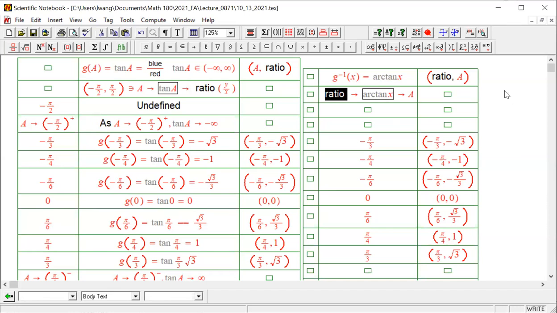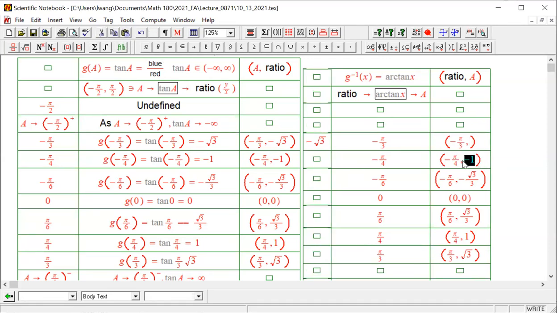Input output swapped, right? In reality, this negative root 3 was output, now becomes input. Do you guys see that? That's the effect of swapping. I'm doing this because I want you to witness the swap.